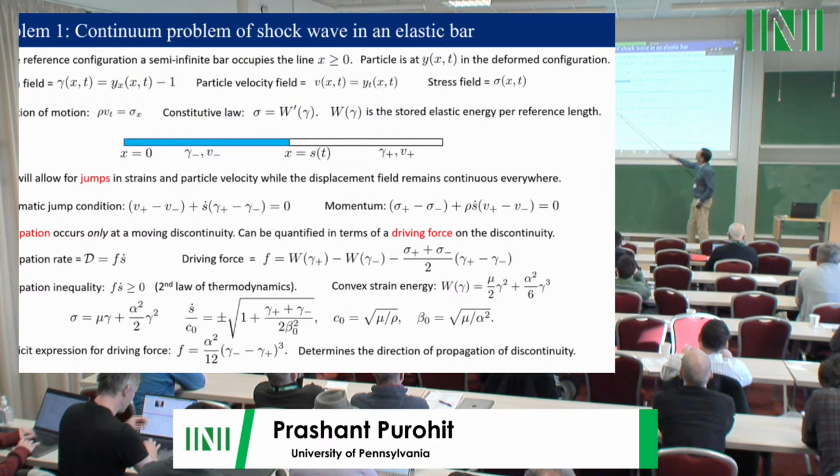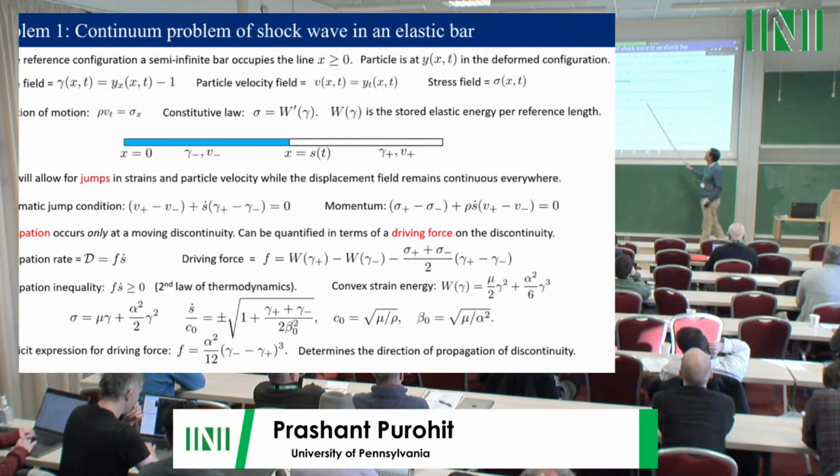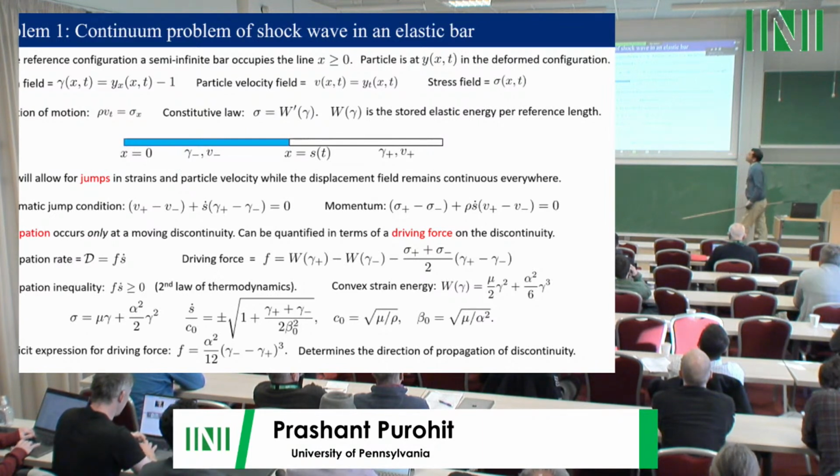All this is not news to you. So this is the kinematic jump condition across that discontinuity, written in terms of the jump in particle velocity, jump in strain, speed of the discontinuity. You could have momentum jump conditions coming from Newton's second law, and that involves the jump in stress and the particle velocities. Very good.